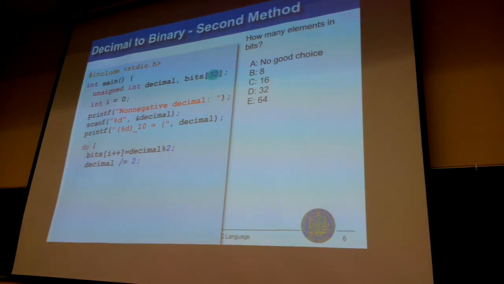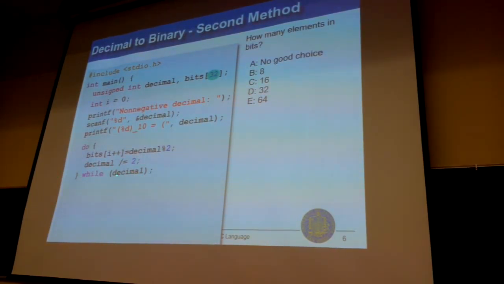And then we go ahead and we do an integer division of the decimal. And that's all we need within each iteration, but we need a way to figure out when to stop iterating. And the way we do that is, we check to see if decimal is non-zero.